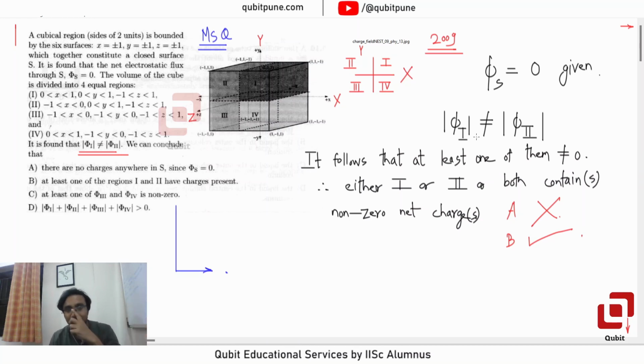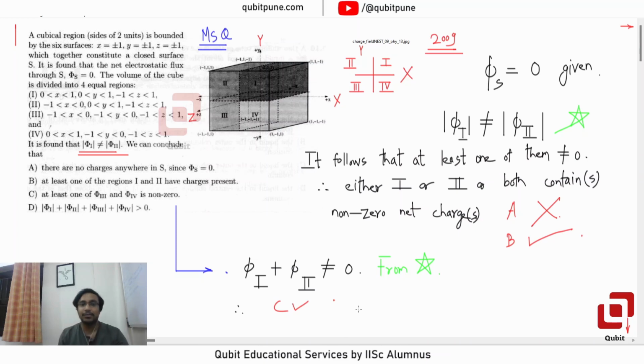See, if I am saying that mod phi 1 is not equal to mod phi 2, can I say with guarantee that phi 1 plus phi 2 is non-zero? Yes. Phi 1 plus phi 2 non-zero follows from this. But phi 1, 2, 3 and 4, when all of them are added, we are getting 0. Therefore, C is also right.